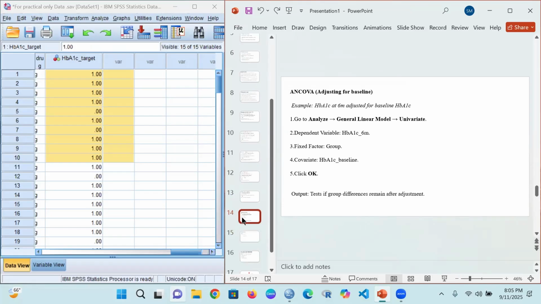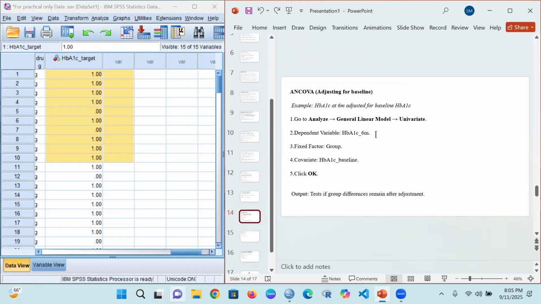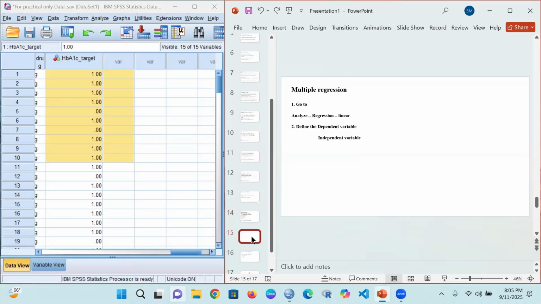When we do a multiple regression, we will also cover the covariate, that is HbA1c at 6 months adjusted for baseline. We want to do a multiple regression so that we will have covered everything.